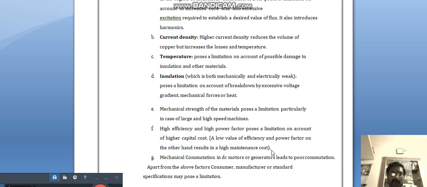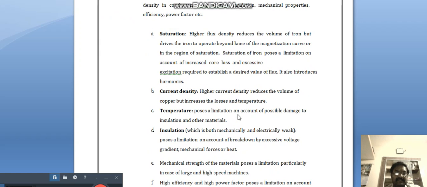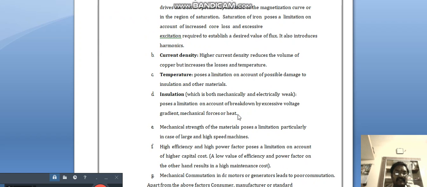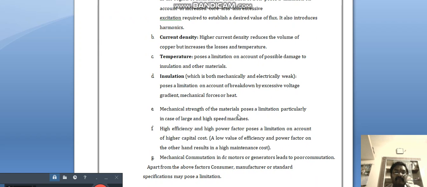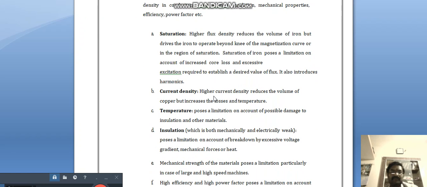Apart from the above factors, consumers, manufacturers or standard specifications may also impose a limit. So these are the limitations: saturation, current density, temperature, insulation, mechanical strength, high efficiency, and mechanical commutation. These are the limitations that will be present when we go for the design of a machine.